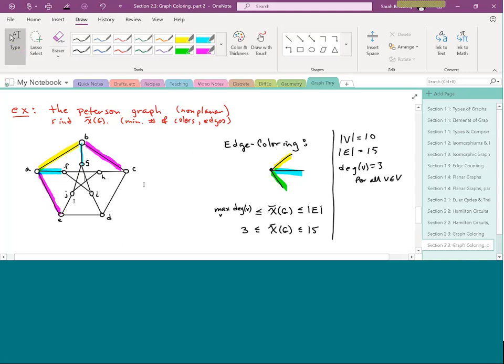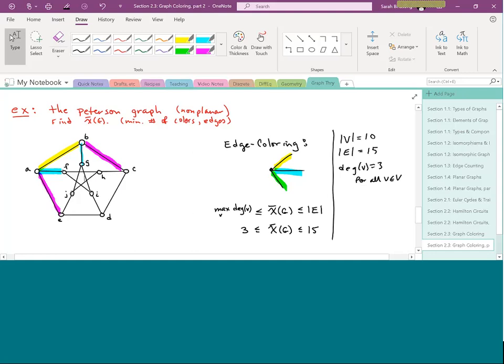Anybody have a guess why I might suggest F and G? Part of it is that they already have one of their edges colored, so this is why I was pointing out C, G, F, and E, because one of their edges are colored.